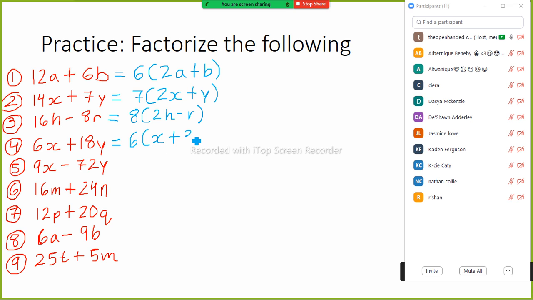Excellent. Deja, number 5. 9 open bracket x take away 8y. X take away 8y. Excellent.